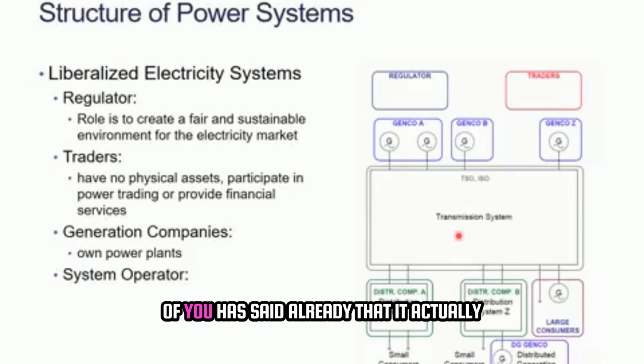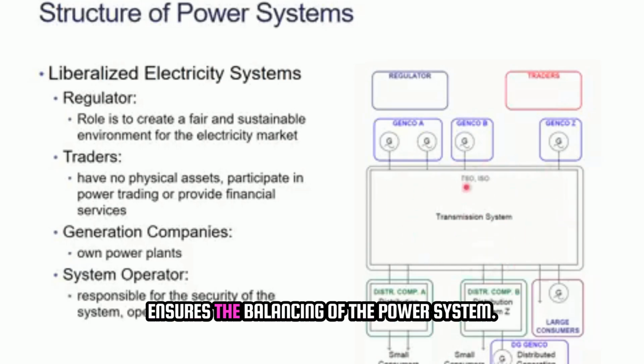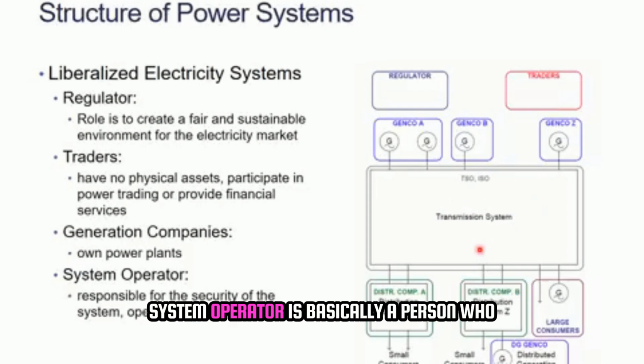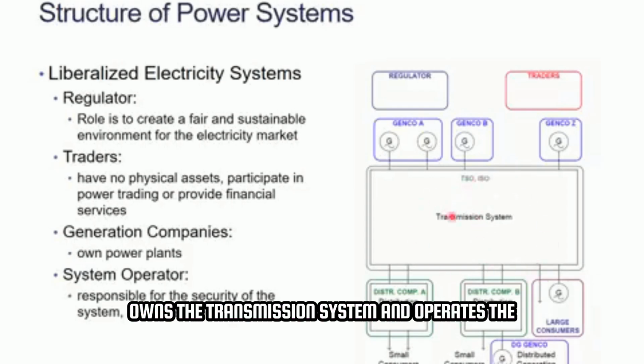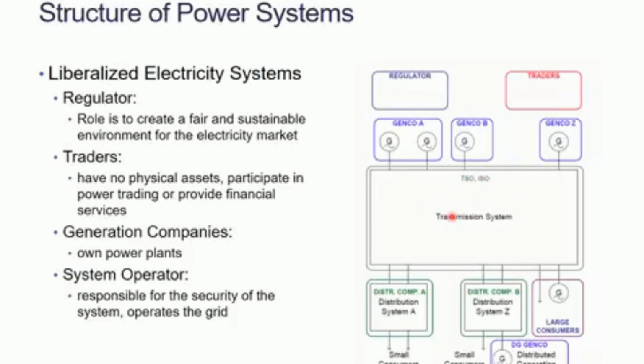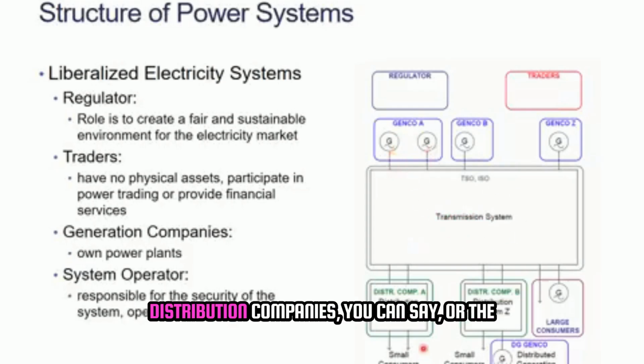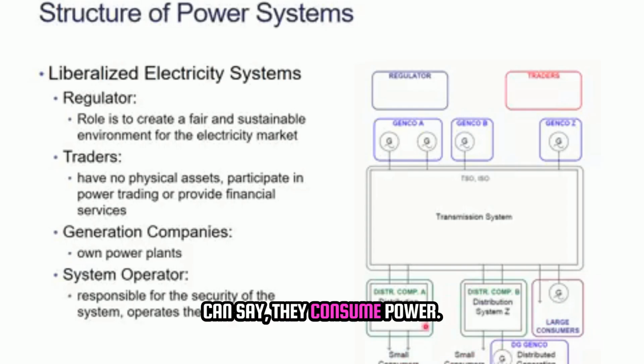One of you has said already that it ensures the balancing of the power system. Also, it ensures the security of the system. So what exactly here, I want to take a pause and tell you about this system operator. System operator is basically a person who owns the transmission system and operates this transmission system, because generators generate power, and distribution companies, or the small consumers or the large consumers, consume power.